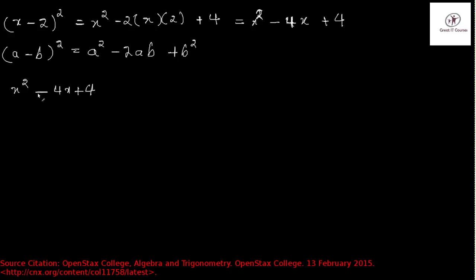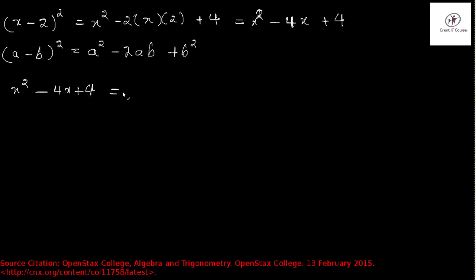Now let's try to rewrite this. First of all, when you see this, you realize that there is a pattern here, and this is like a squared minus 2ab plus b squared.